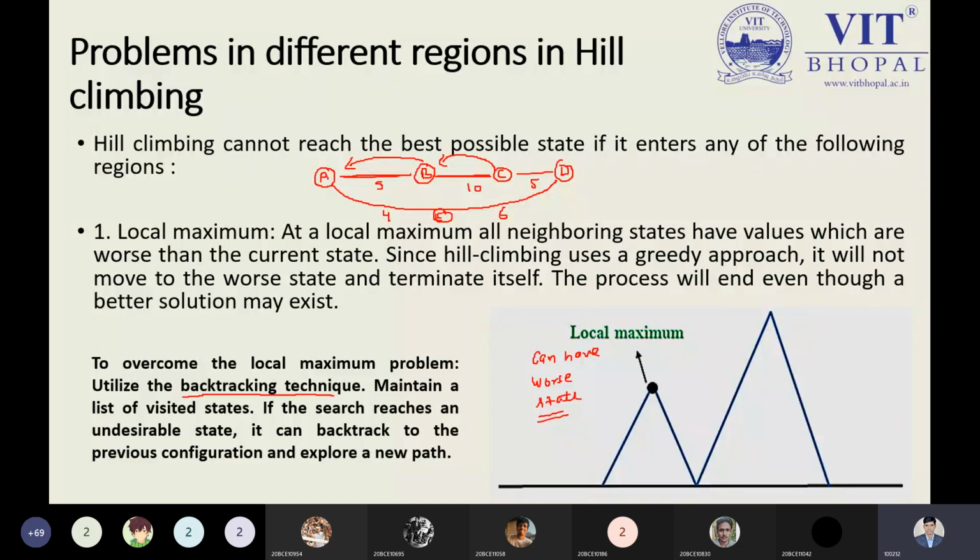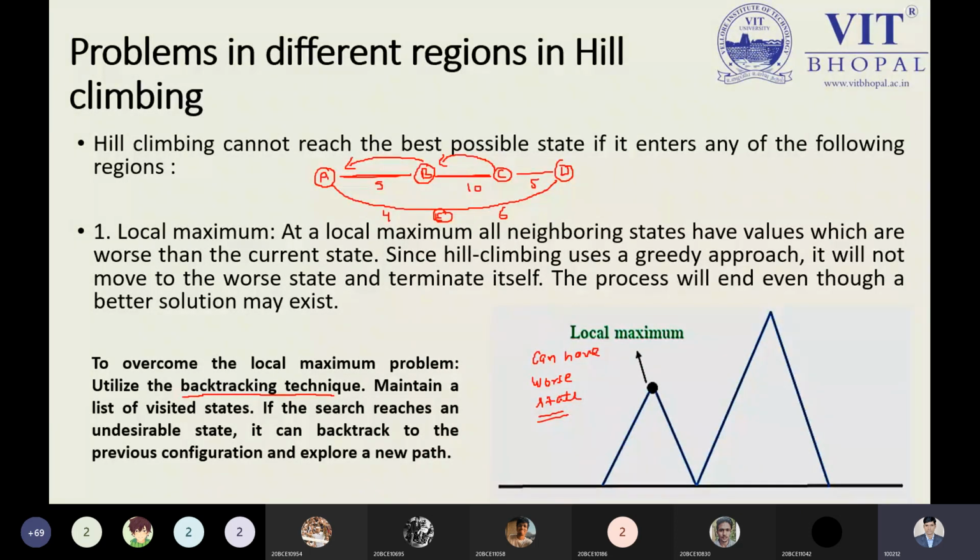That is the reason I have to go back to my previous points to reach my goal. This really happens many times with people who follow adventure. On reaching a certain point, they find, okay, I'm on the wrong path, so I need to go back to cover the distance. It really happens in real-life scenarios as well.